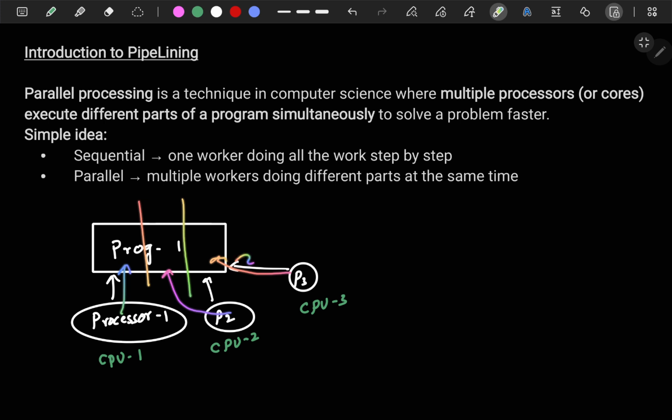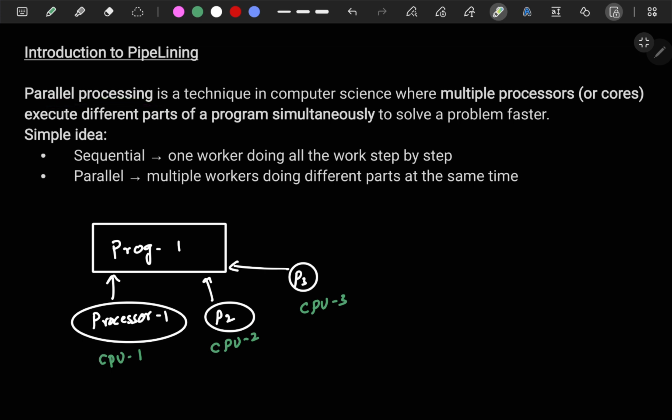All these processors will work parallelly on different parts of the program and try to execute this one program. This is how they work. So all the processors will come together and execute one program, and that is what parallel processing is, right?